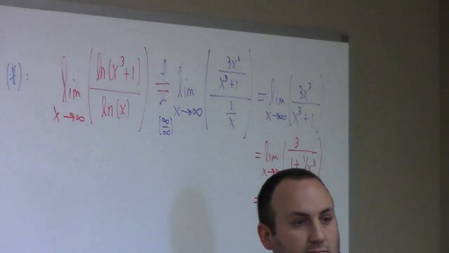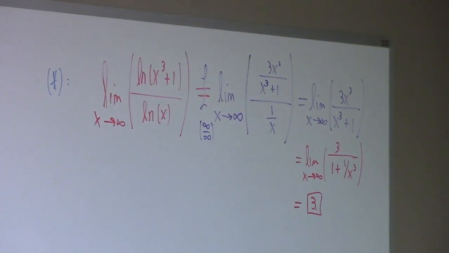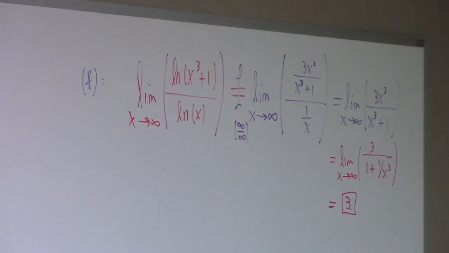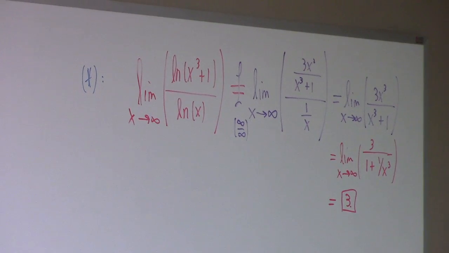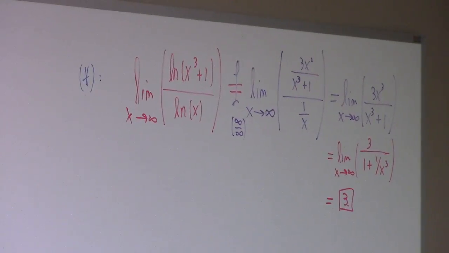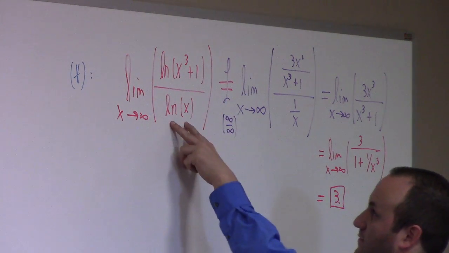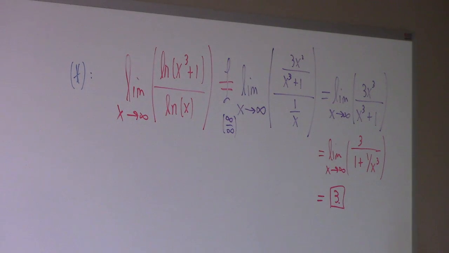Any questions so far? Where did the natural log come from? Where did it go? Oh, L'Hopital's rule. So we differentiate. See, right there is L'Hopital. So L'Hopital's rule, this is type infinity over infinity, because logs of huge numbers are huge.